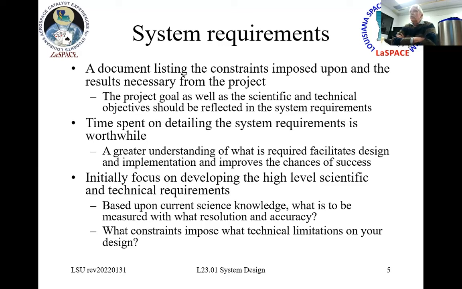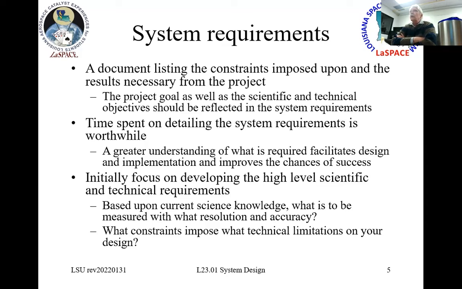It is really important that you start from the beginning of your project and take the time to identify your requirements. In fact, the whole first part of the PDR document is devoted almost exclusively to goals, objectives, and the derived requirements.